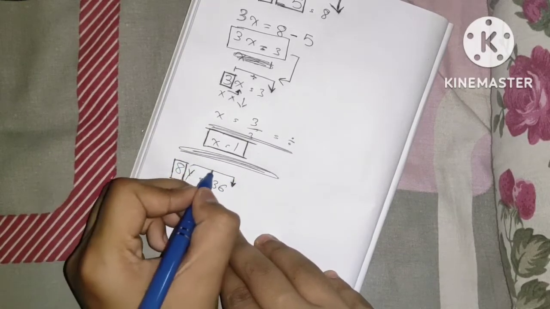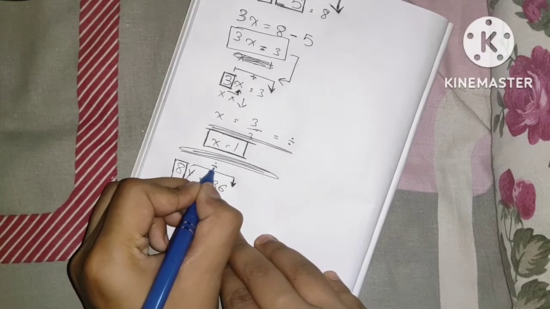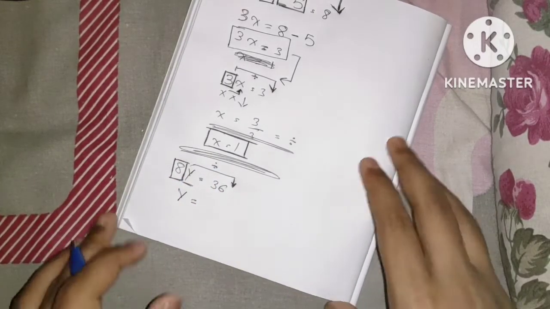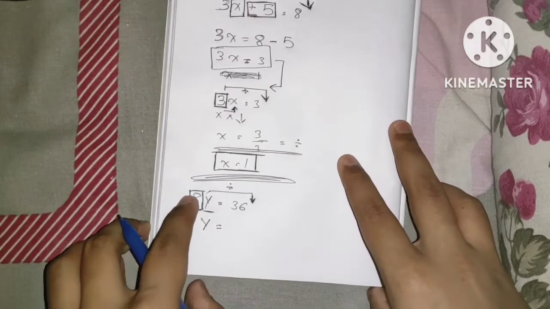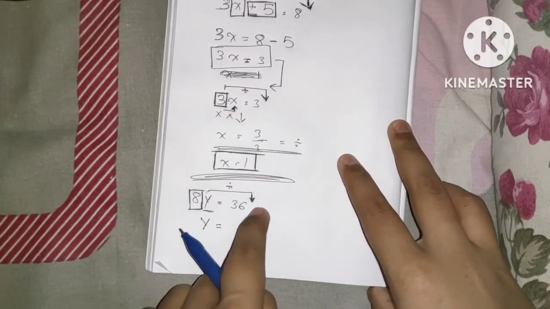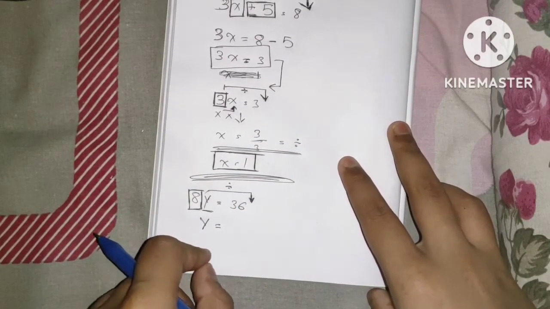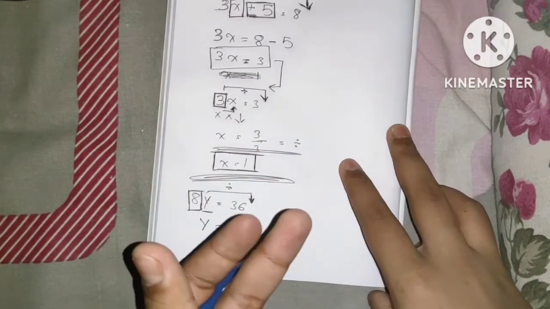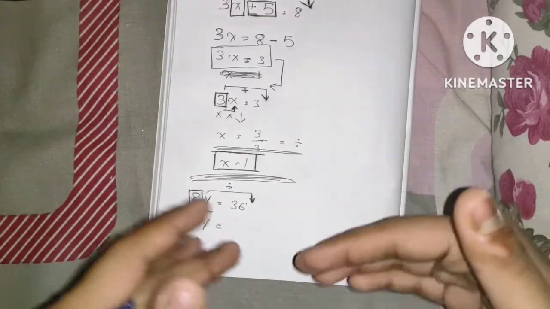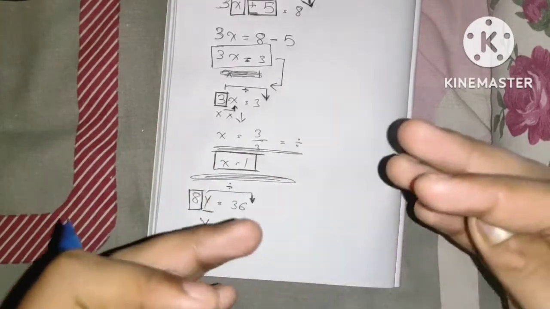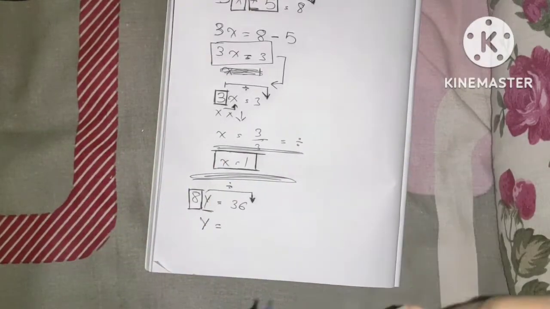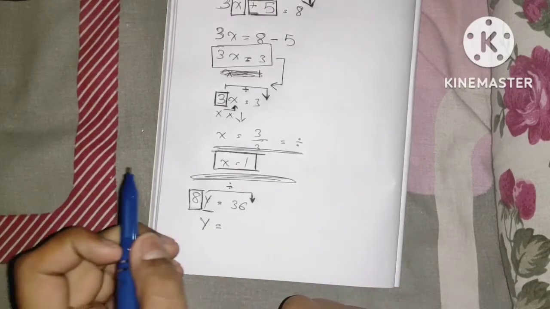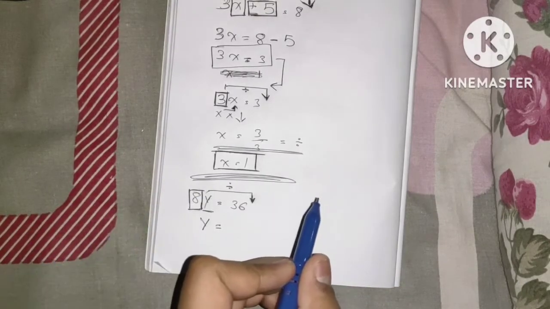Now let me tell you the reason why it's always division. The reason why we always divide when we transpose here and we don't multiply is that when transposing we switch the signs. Like if it was plus, then we'll go minus when we transpose it.